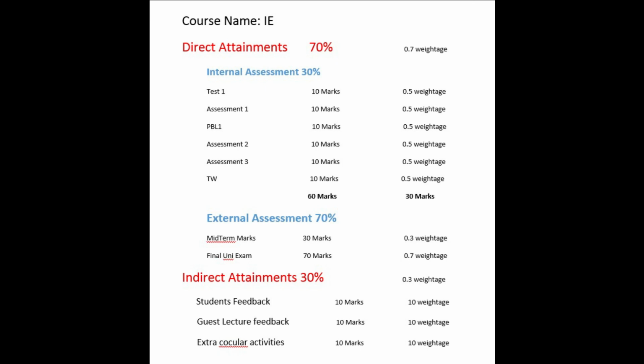In direct attainment it is 70% weightage, in which there are two items, internal assessment and external assessment. Internal assessment is a weightage of 30% and external assessment is a weightage of 70%. And indirect attainment has a weightage of 30%, in which there are student feedbacks, guest lecture feedback and extracurricular activity of the students. So it's all about how to do gradebook setup inside Moodle.